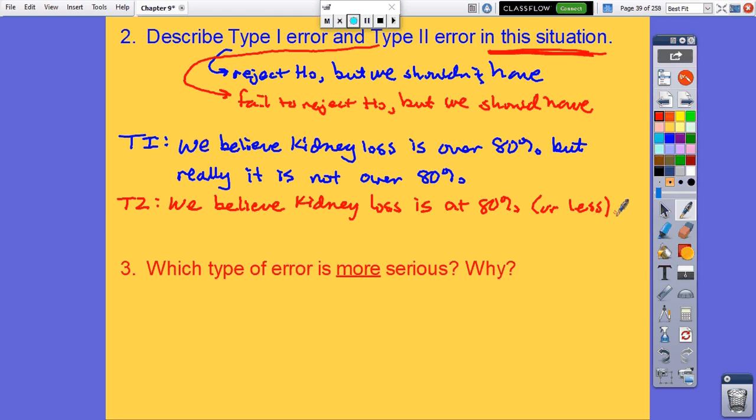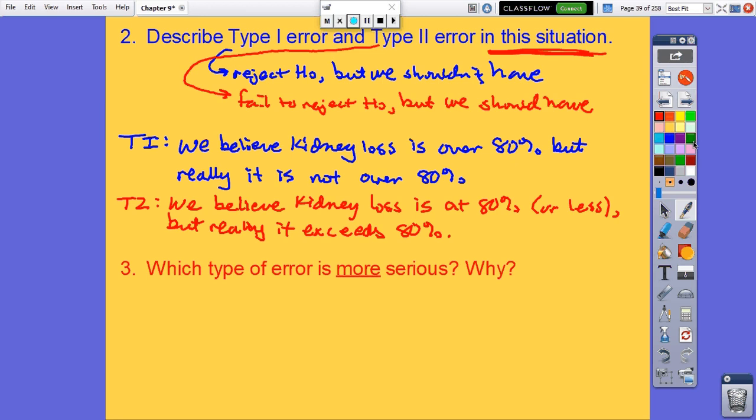We believe it's at 80% or less, but really, it exceeds 80%. So what this means is we think the medication's okay, that it's not really making our patients go on dialysis. But really, it is bad for them. It is making them go on dialysis.